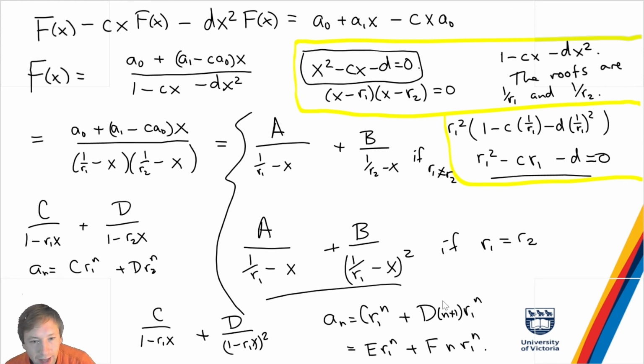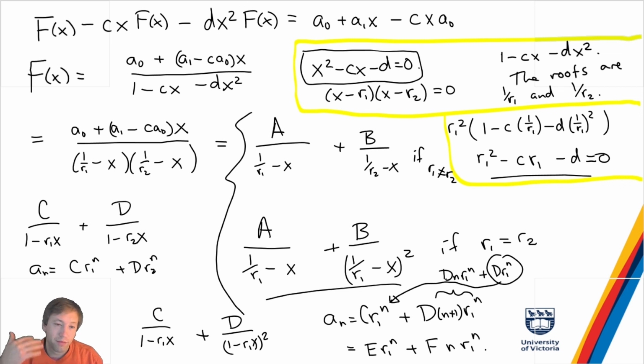Basically, when I expand this, I get d times n r1 to the n plus d r1 to the n. So I can then put this into here. Basically what I'm trying to say is that this whole thing about the characteristic equation, you can prove that using generating functions.